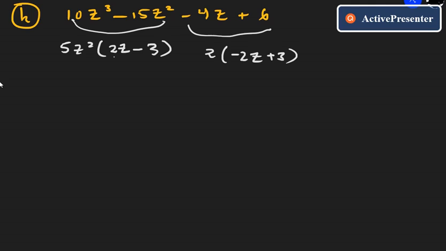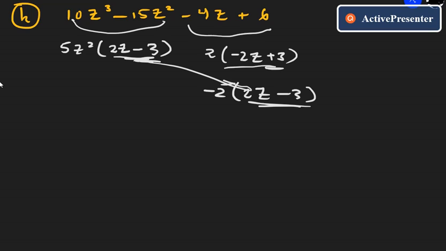Okay, so this opposes this. So again, if we take minus 2, it would be 2z minus 3. This means these two are the same, so our guess is correct. We factor using grouping of the first guess that we had.